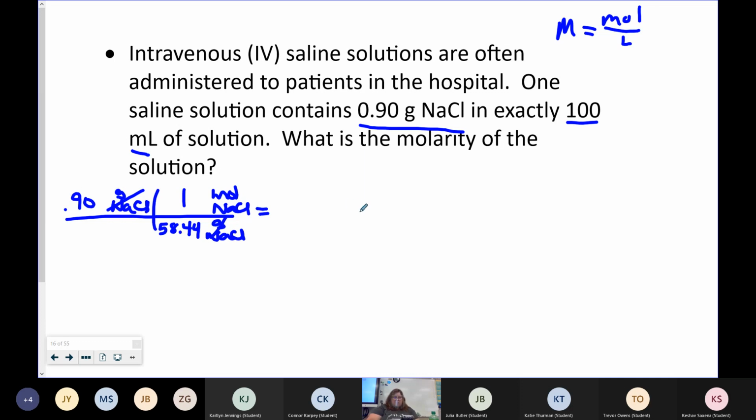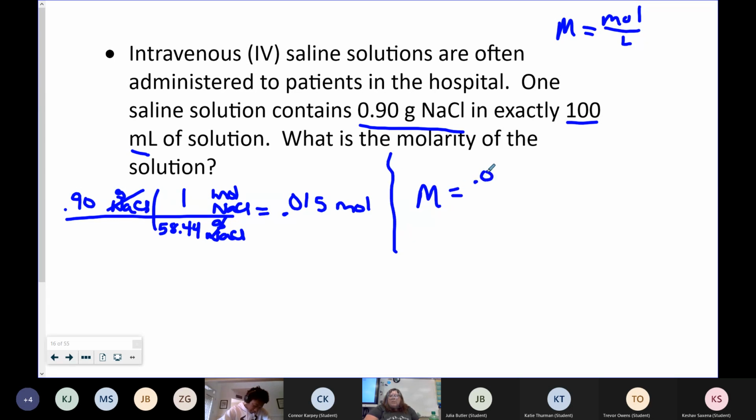So we're going to do the 0.90 divided by the 58.44. So this is 0.015 moles. That's going to be our number that goes on top for molarity. So I'm just going to write that over to the side: 0.015 moles.